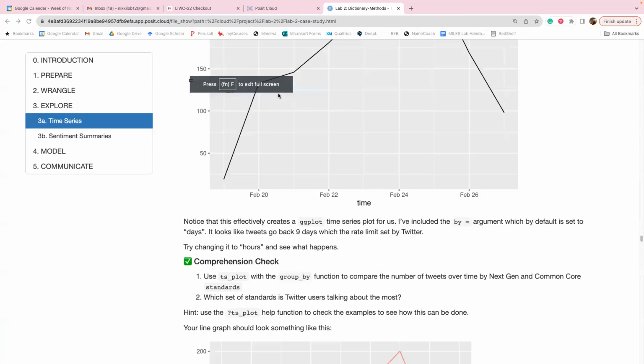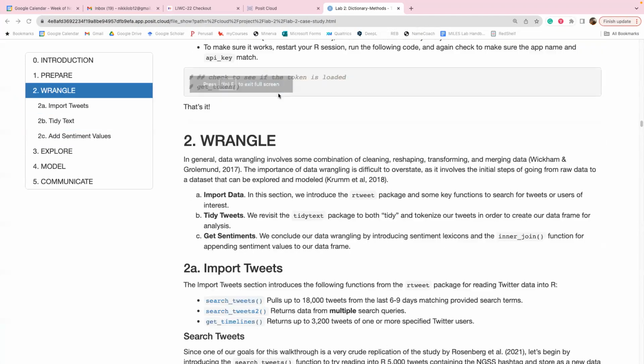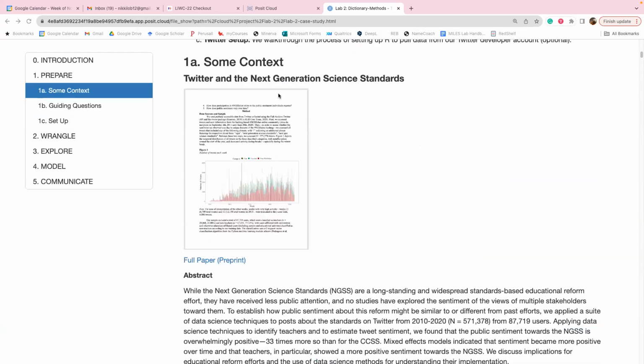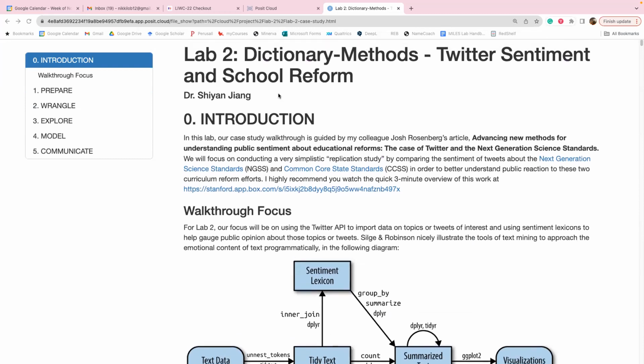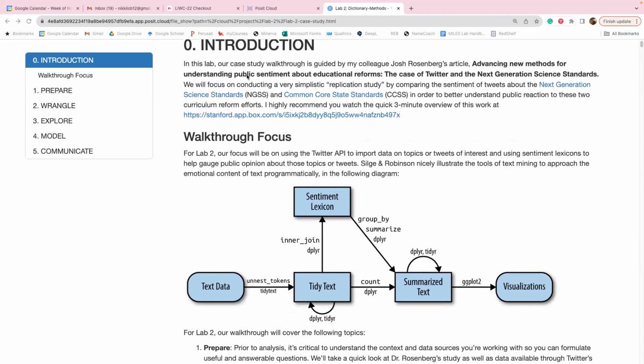So again, you should have access. It should be in the last slides that I put on my website, but I'll put another link in here. This is the Twitter sentiment and school reform lab, which will walk you through everything. I'm going to skip through and hit the main points so that we can ask questions and see how this works.